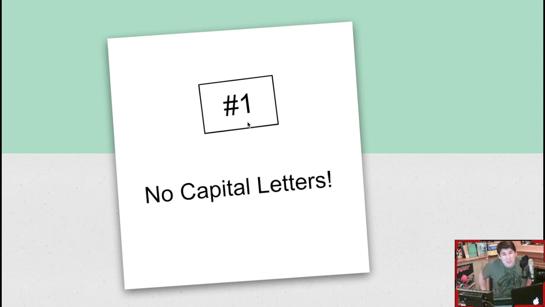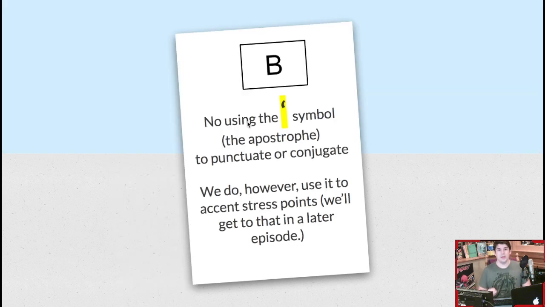The only time you'll ever see a capital letter is with the letter I, and the capital letter I actually represents the I sound as in bit, but we'll talk about that in our next video. For now, let's go on to rule number 2.